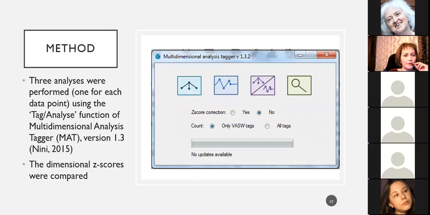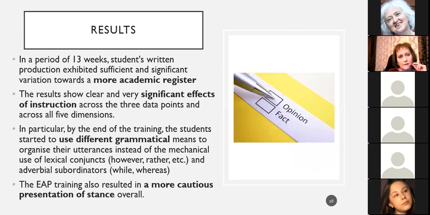So the author compared the dimensional Z-scores provided by the tool. And here are some of his research findings, which are quite positive, quite optimistic in terms of the effectiveness of EAP courses, that very EAP course which was run at Hong Kong University.